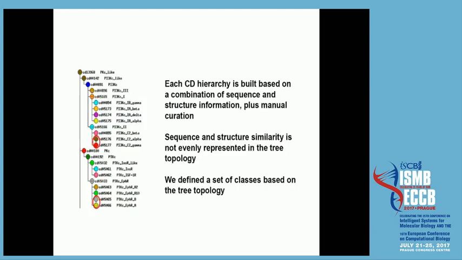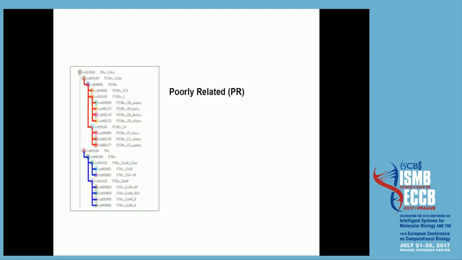So for that reason, we define a set of classes based on the tree topology. If we compare two domains located in different branches of the hierarchy and sharing no common ancestor apart from the root, we will say that these domains are poorly related.